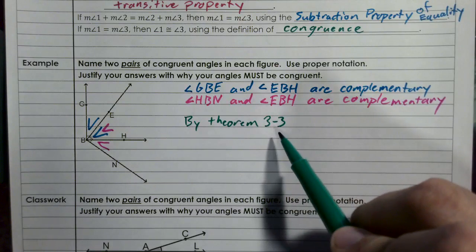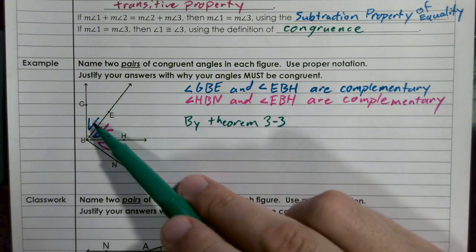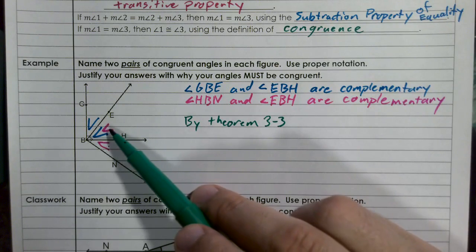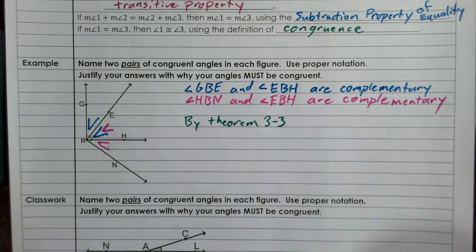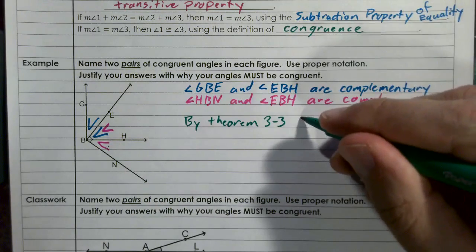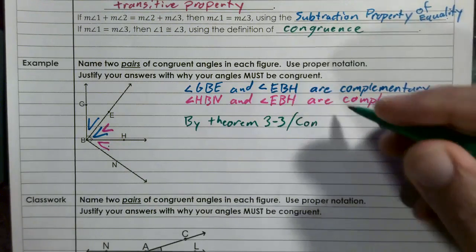Since we just used it, we're definitely going to use 3-3. These two blue angles are complementary. These are complementary. And here's that overlap, kind of like our 2 overlap was in that proof. So by theorem 3-3, or you could just say the congruent complements theorem.